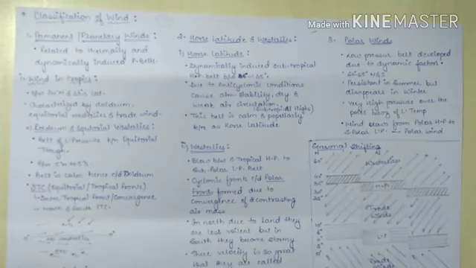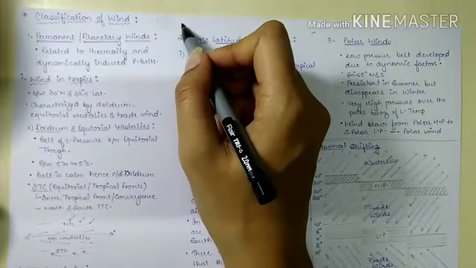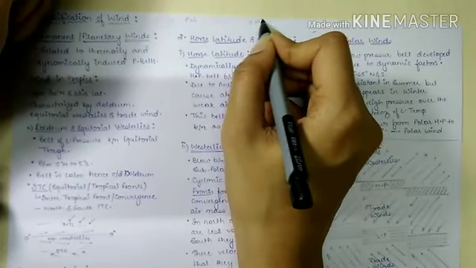And others are variable winds. Variable winds are further divided into various categories. They are seasonal winds, local winds, mountain breeze and valley breeze, land and sea breeze. So they are the basic categories of variable winds. So we have permanent wind and we have variable wind.